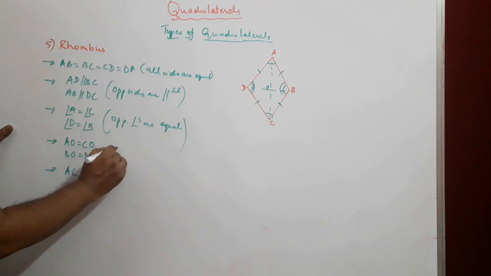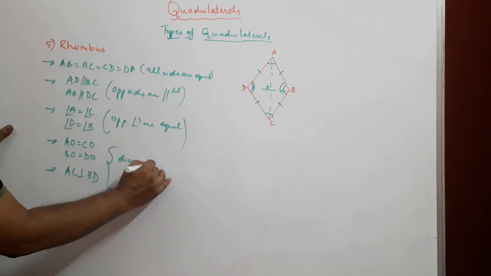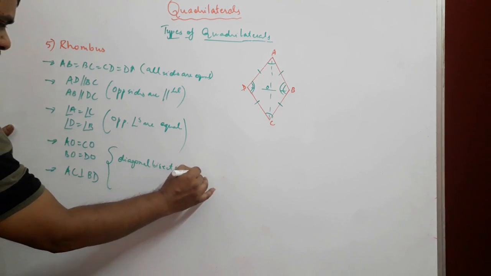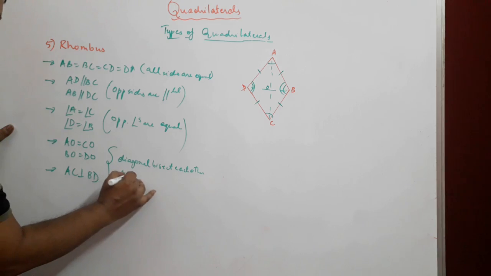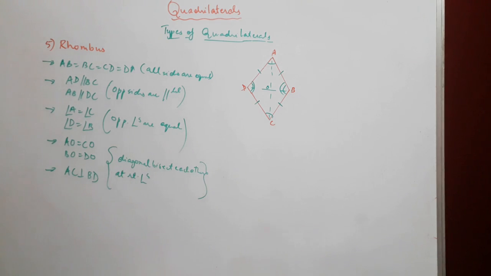Okay, so we can say diagonals bisect each other at right angles. These are two other features of a rhombus.